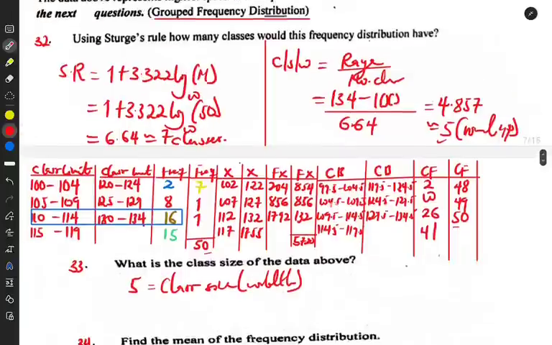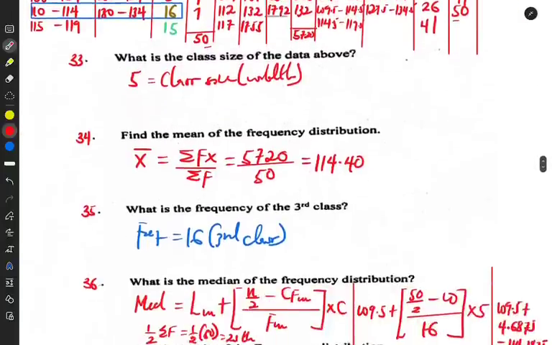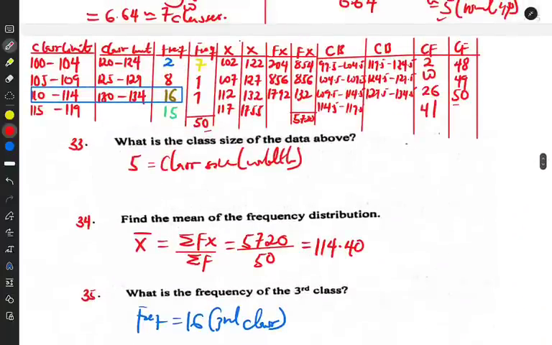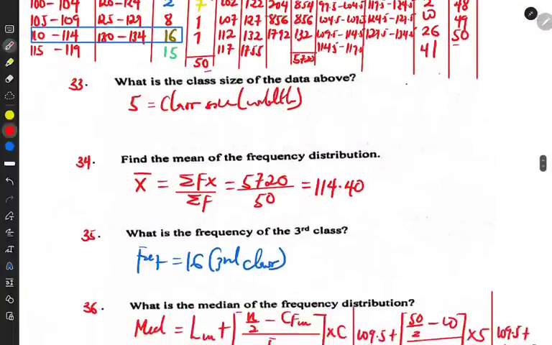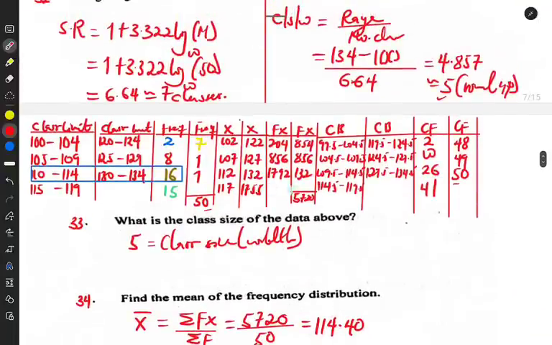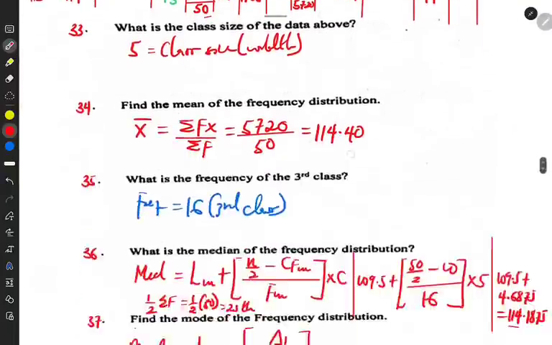Coming back to our table, we can see that the modal class, that is the most occurring set of values of frequency, is in the class limit of 110 to 114, which is 16 here. That's going to be our modal class, and the modal frequency is 16. So this is how we go. The lower class boundary of the modal class is 109.5, since we have identified it from the third class limit.